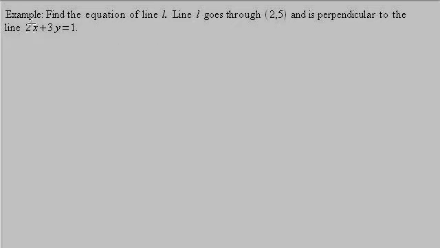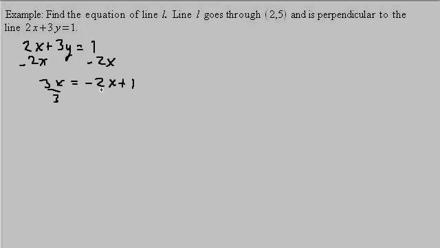So I'm going to solve this for y, so I get 2x + 3y = 1. Subtract 2x, so I get 3y = -2x + 1. Divide everything by 3. That should be a y.